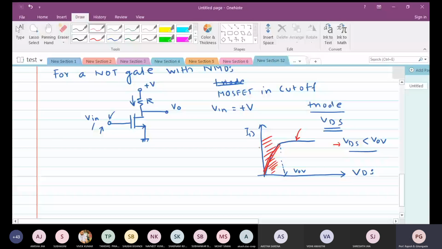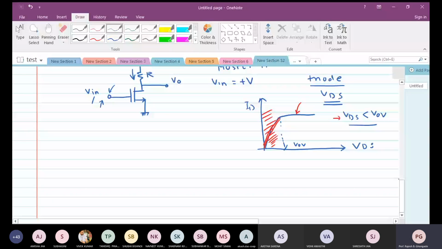If you remember, we talked about the MOSFET as a switch. In one of the last lectures we have seen that the MOSFET model as a switch was something like this.